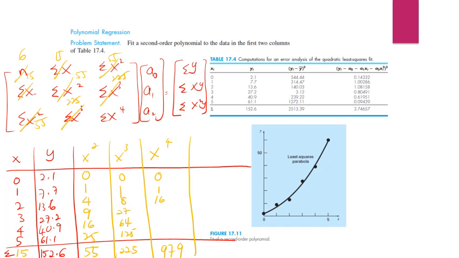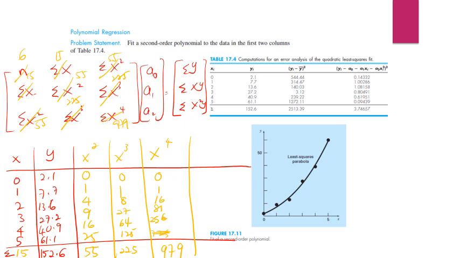This one is 81, and this one is 256. So you check it back, okay? Please check it. 5 to the power of 4 is 625. And the total you get 979. Okay, so you substitute 979.